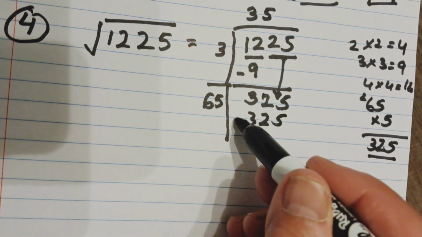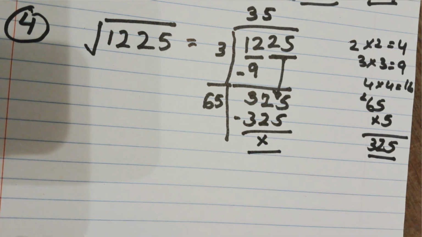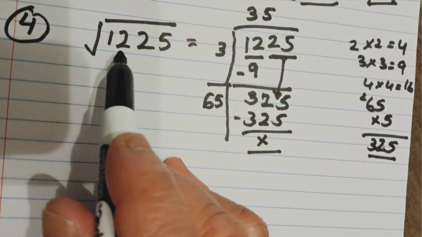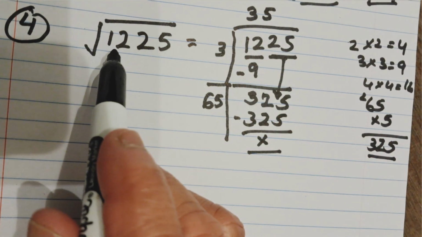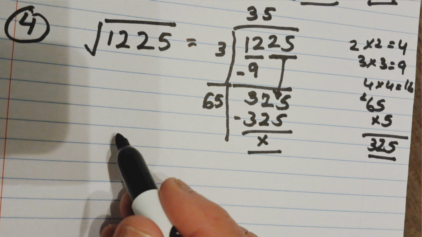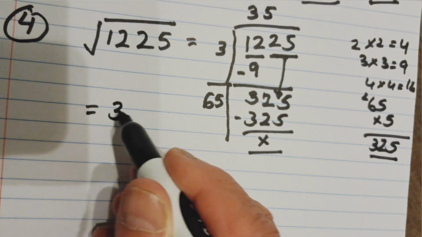So when we take away this one, 0, remainder is nothing. So which one is our answer? Our answer is 35. So 35 multiplied by 35 is equal to 1225. So 35 is the square root of 1225.